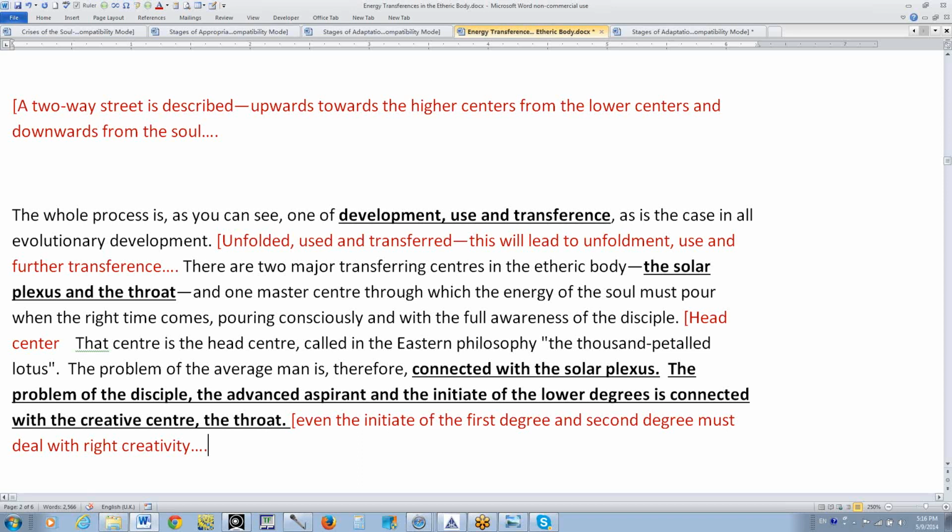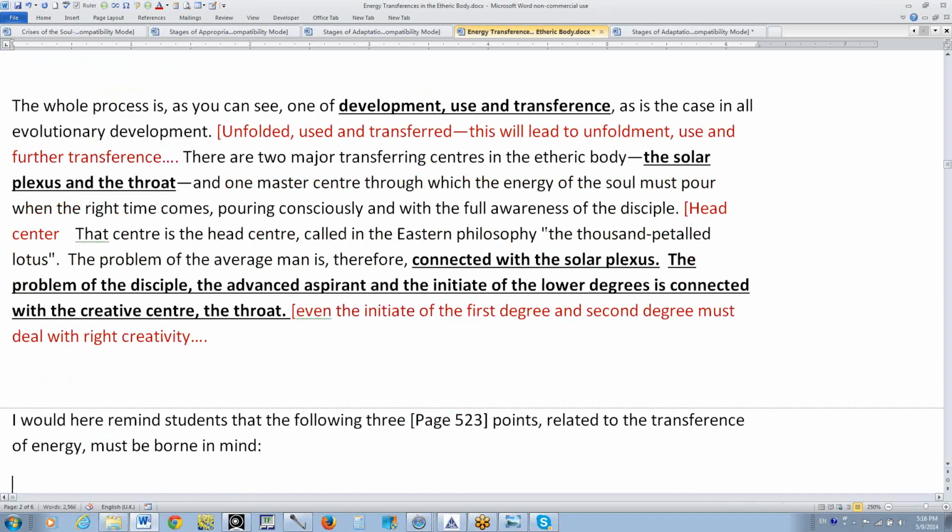But it is interesting that the disciple, the advanced aspirant, the initiate of lower degrees, his problem is connected with the throat center, the right use of speech, right action, right formulation of thought, right creativity. Anyway, another angle on the subject offered by Master DK.